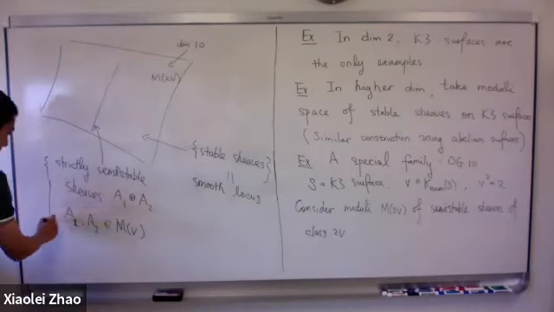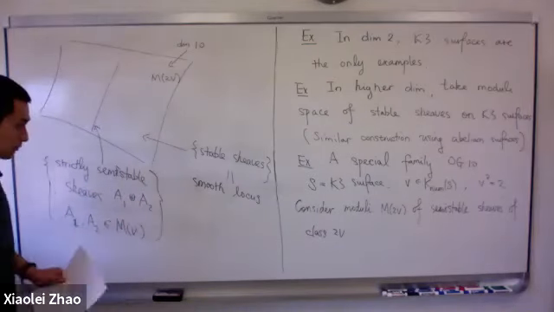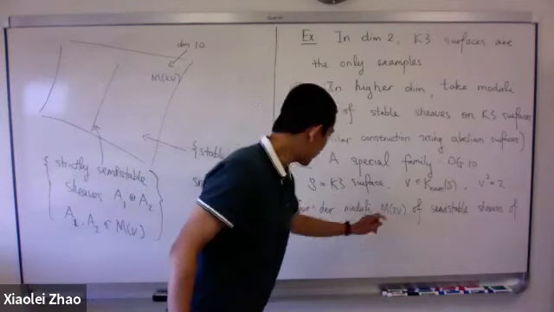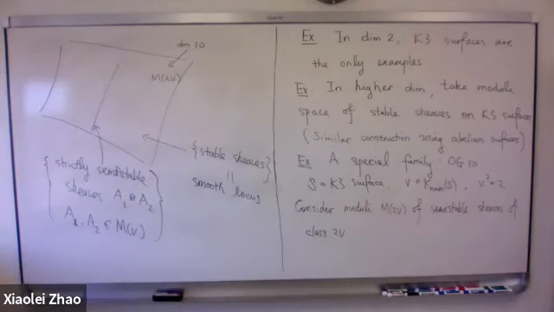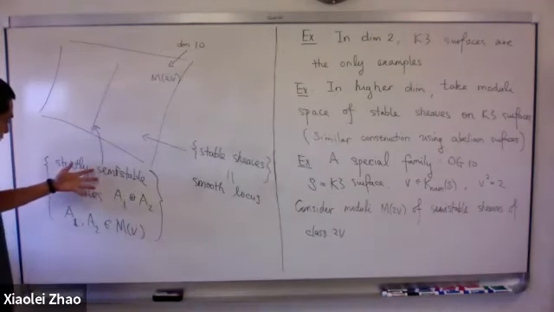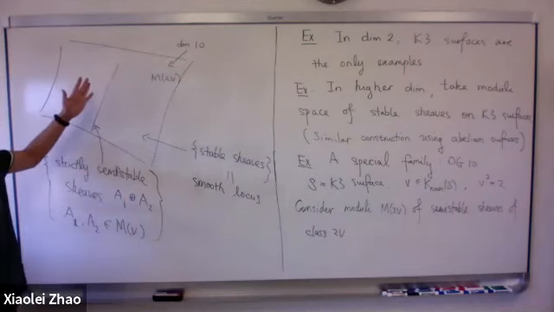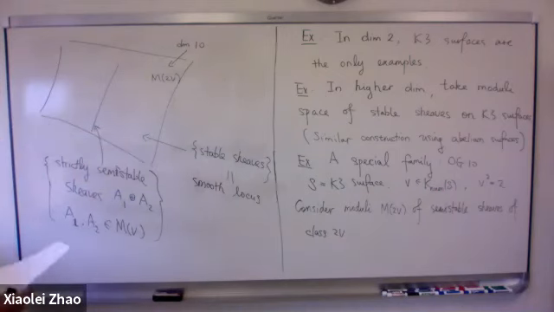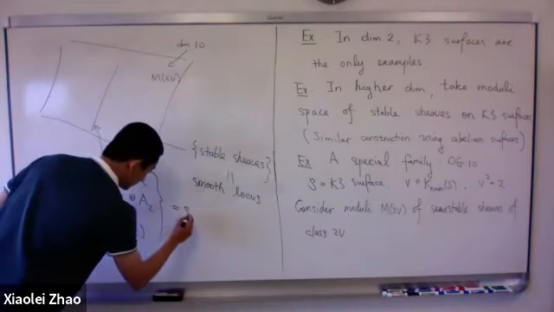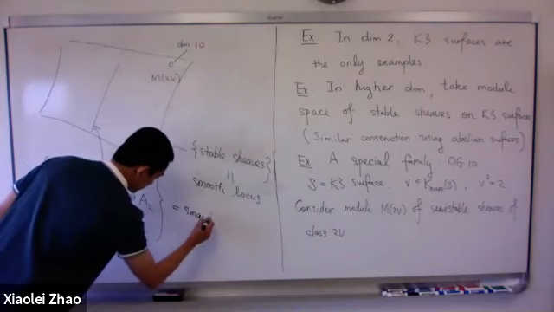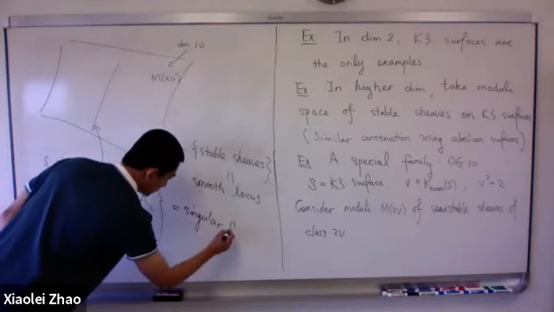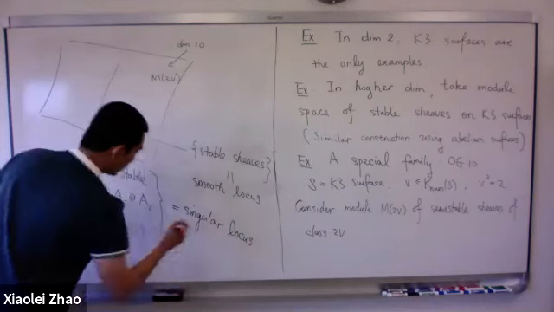This is the effect of having a non-primitive character, twice the character v here. That gives me some strictly semi-stable sheaves in this moduli space, and this will actually be the singular locus of my moduli space.